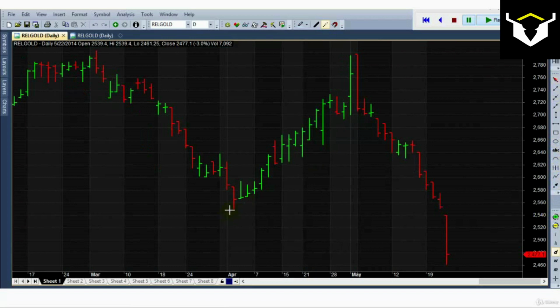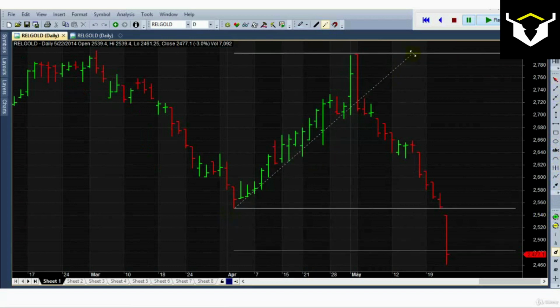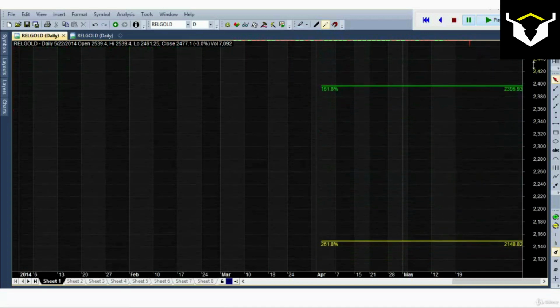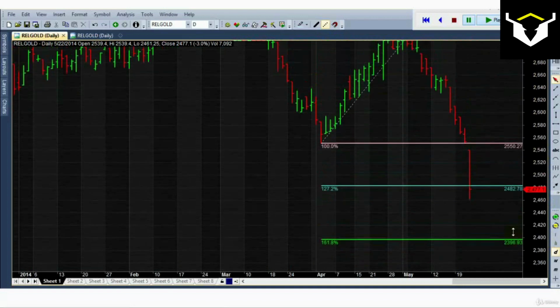So I'll plot my extensions from bottom to top. Prices have already breached the level of 127. 161 lies at 2396. Let's say 2400. And then we have 261 at 2150.